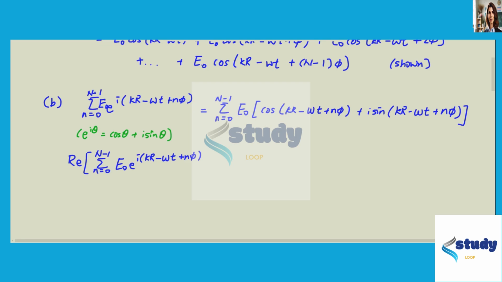Then you just extract the cosine term, because that's the real part.